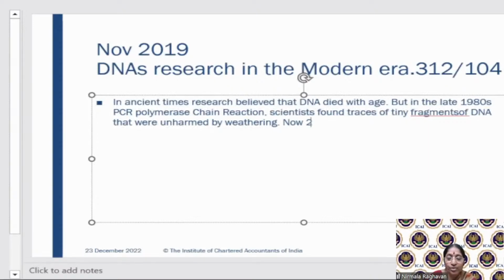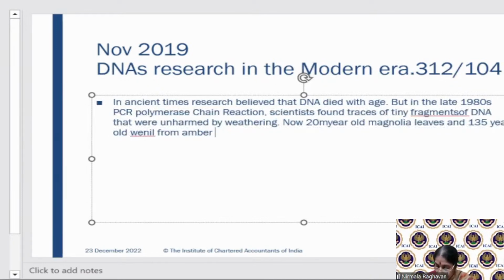Now 20-year-old Mongolia leaves and 135-year-old Venal from amber show traces of fossils.